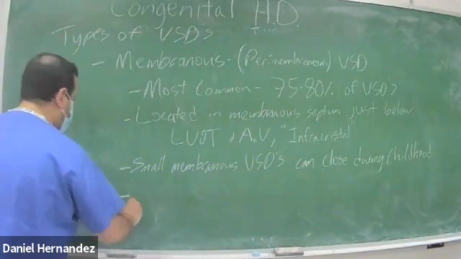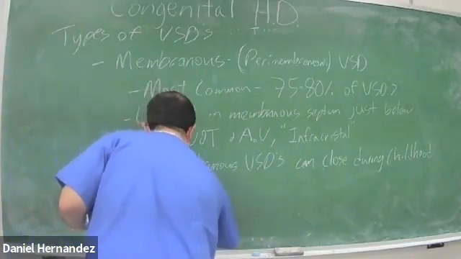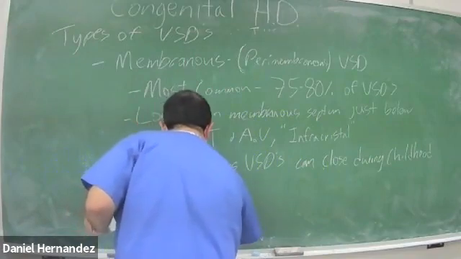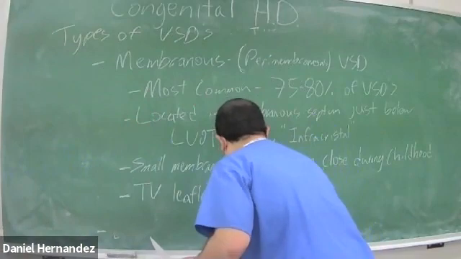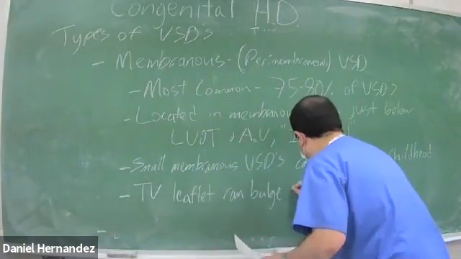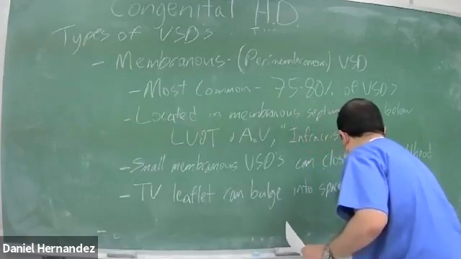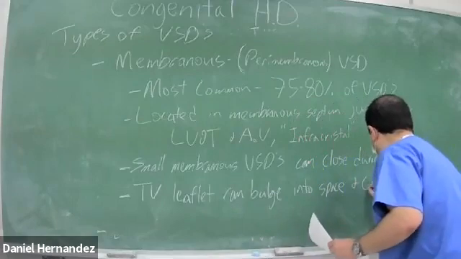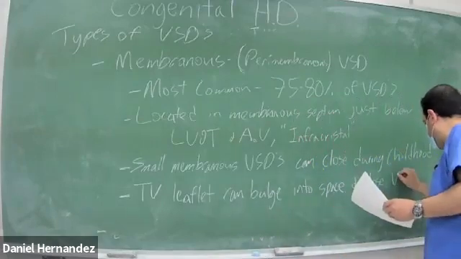Something that can actually happen is the tricuspid valve leaflet can bulge into the space and close the VSD.